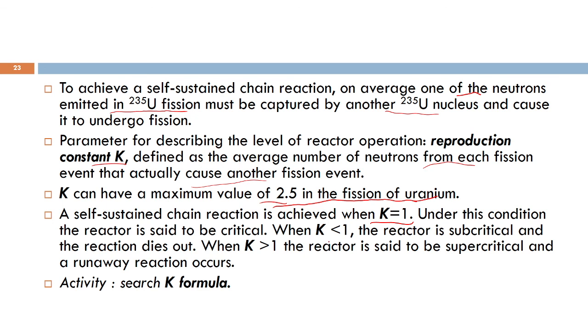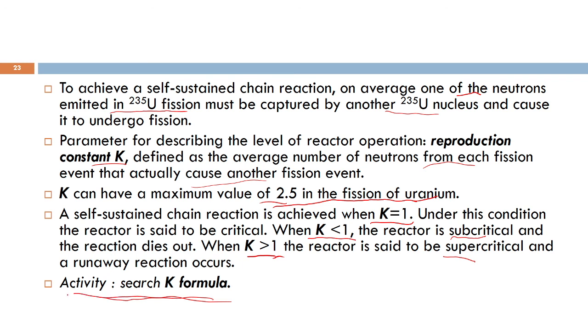If K is low, the chain reaction is towards reduction, and if K is greater than 1, it is towards increment. K less than 1 is called subcritical, and K greater than 1 is called supercritical.